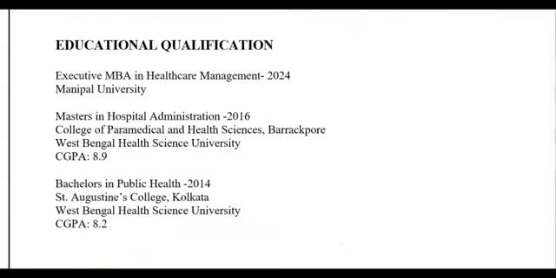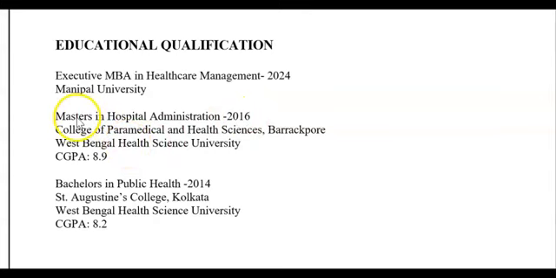Moving on to the second most important component of an experienced CV, the educational qualification. Just mark here, I have not put this into a tabular format because here work experience holds more prominence. Therefore, here we can just put it in this way. So this candidate is pursuing an Executive MBA in Healthcare Management, as the passing year we get to see here is 2024 from Manipal University.